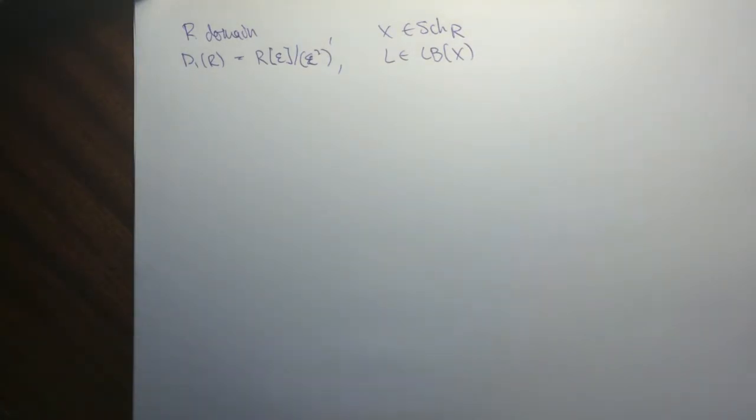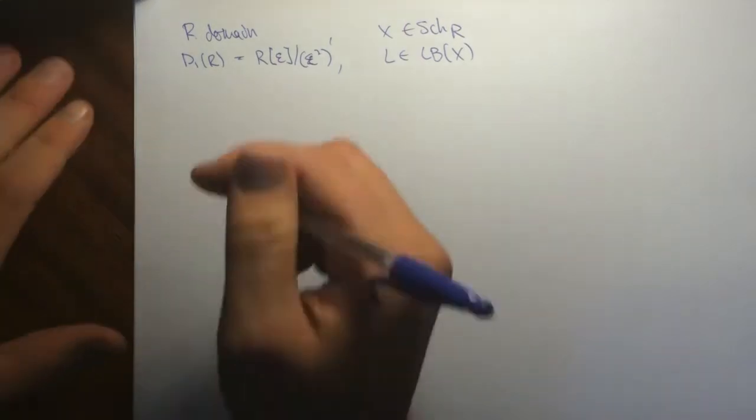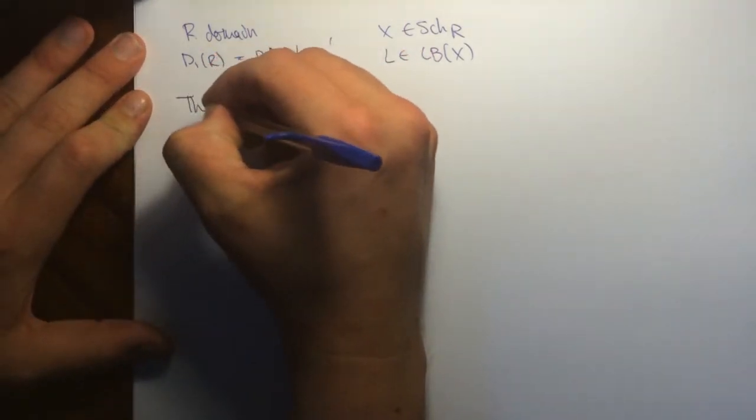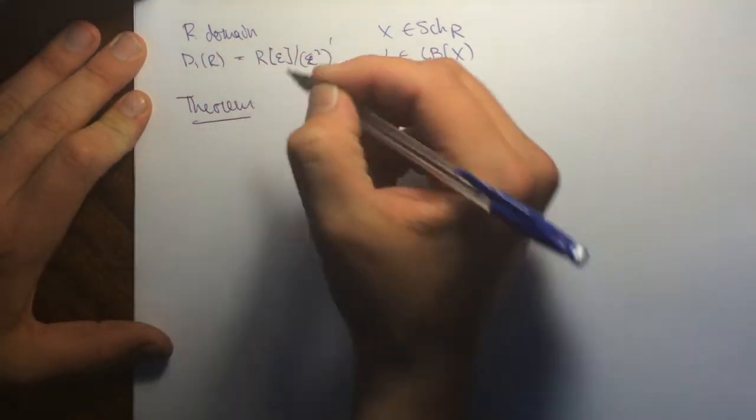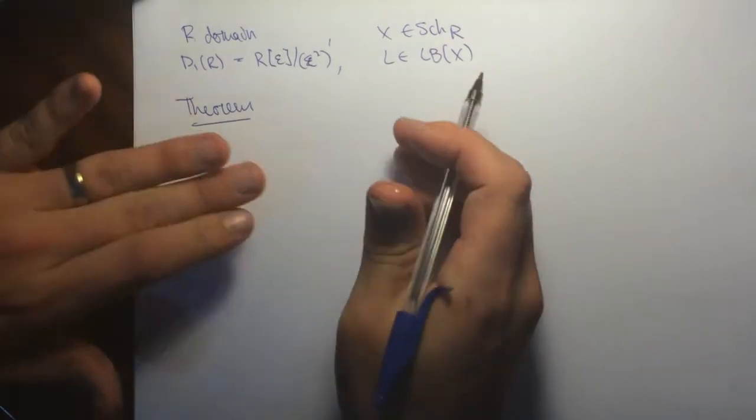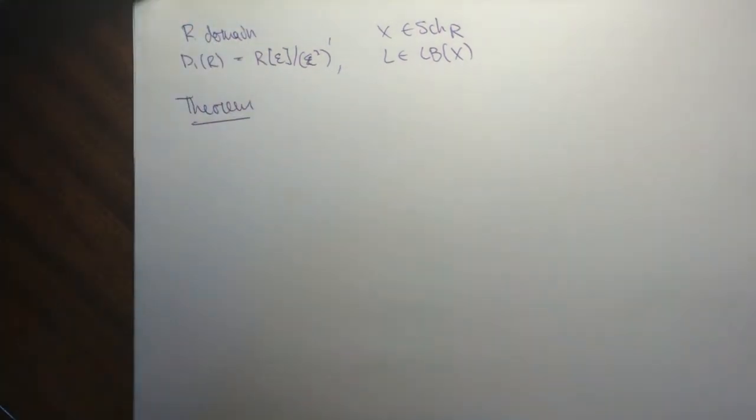Okay, and so the theorem that I want to talk about in this video is like a baby cup product with Kodaira-Spencer.